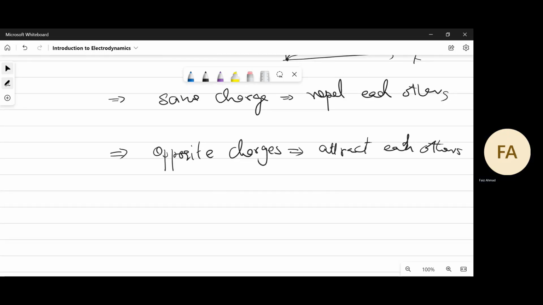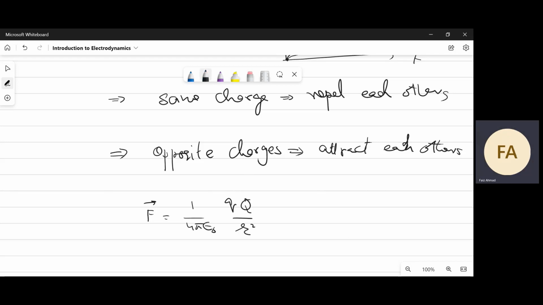So depending upon the polarity of the charges, the direction can be assigned.